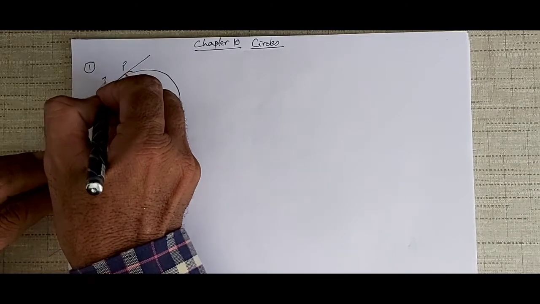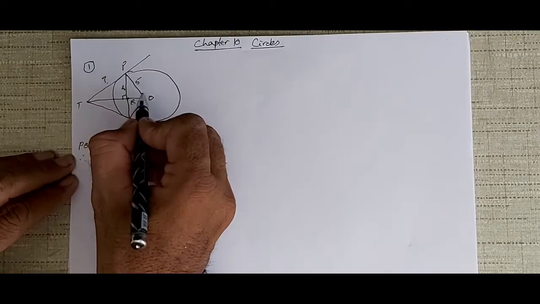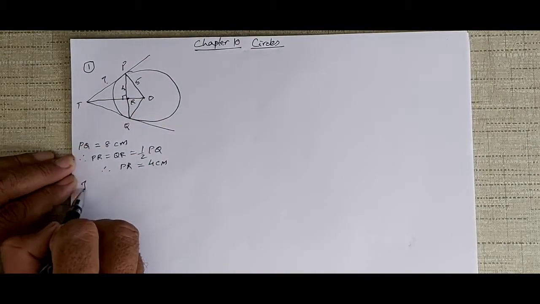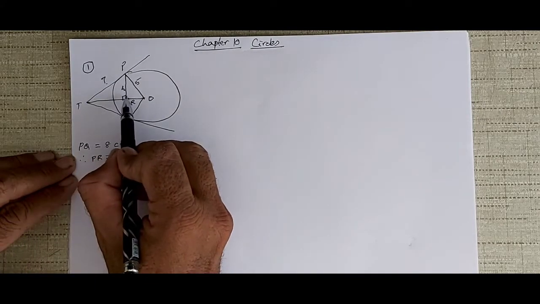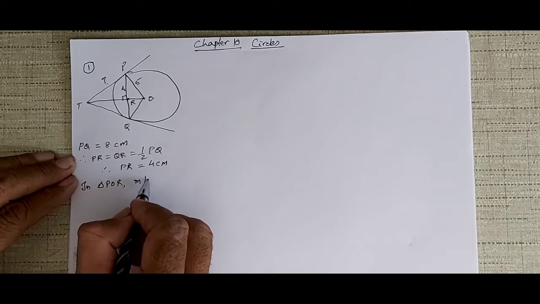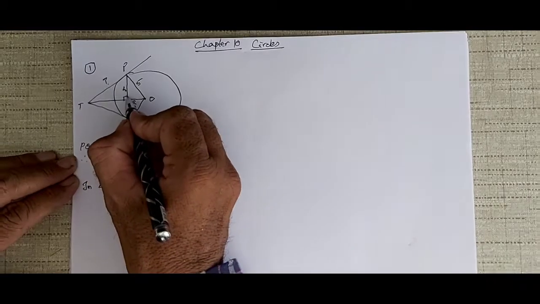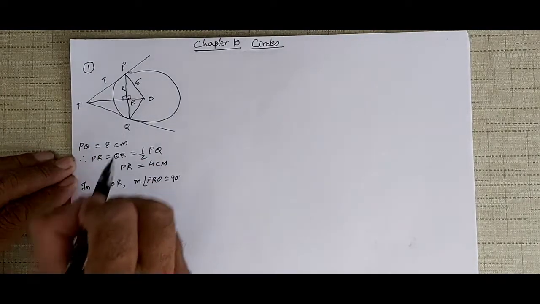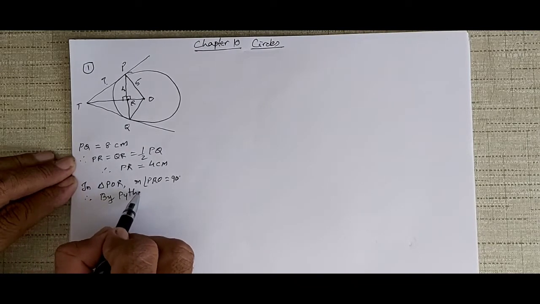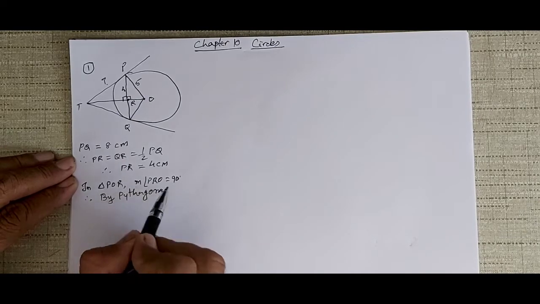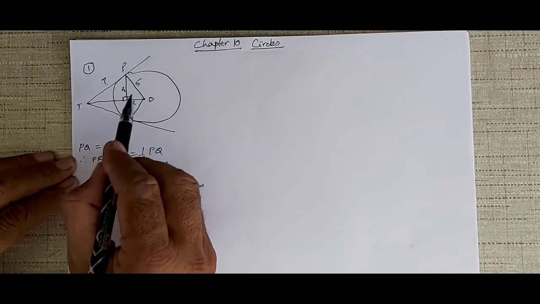Suppose I want to find the length of tangent PT. For this, in triangle POR, you can see this measure of angle PRO is 90 degrees. So by Pythagoras theorem, if you apply Pythagoras theorem, what will you get?